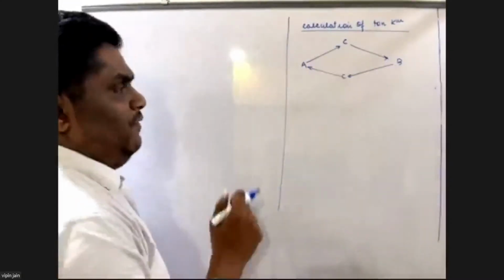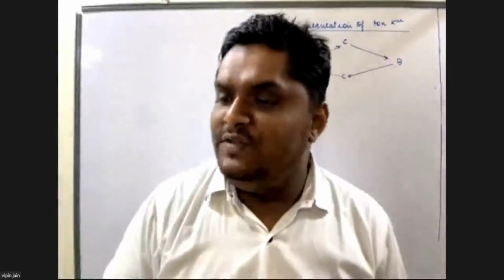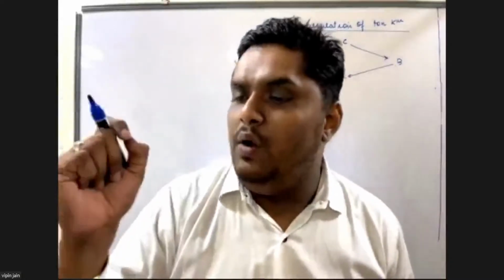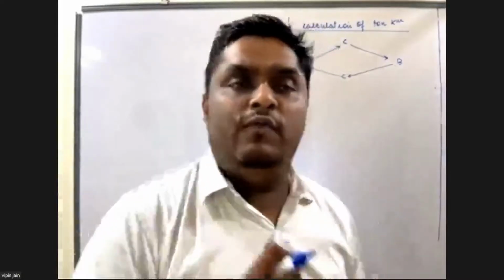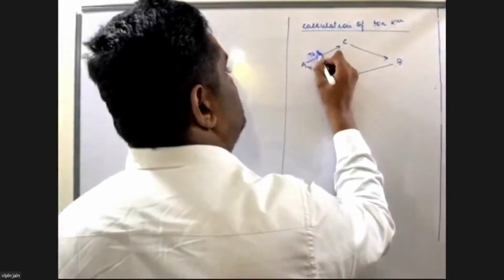Now, in the month of January, the truck made 12 outward journeys with full load. So the load is how much? 6 tons. So 12 times 6 are 72 tons.